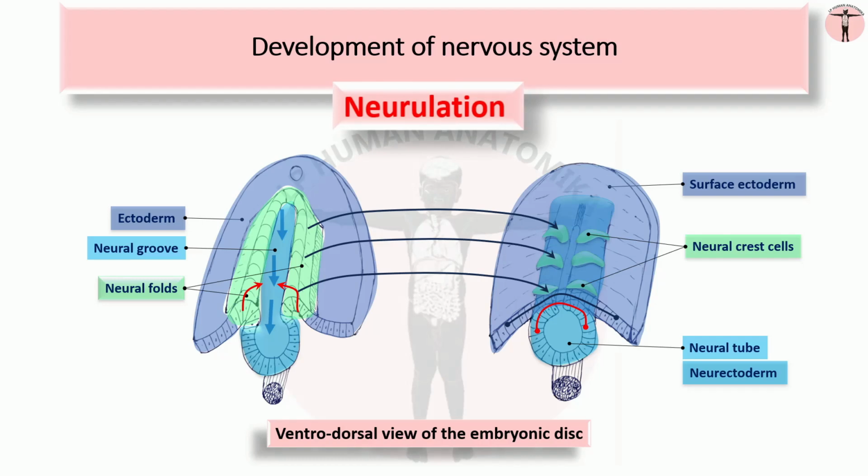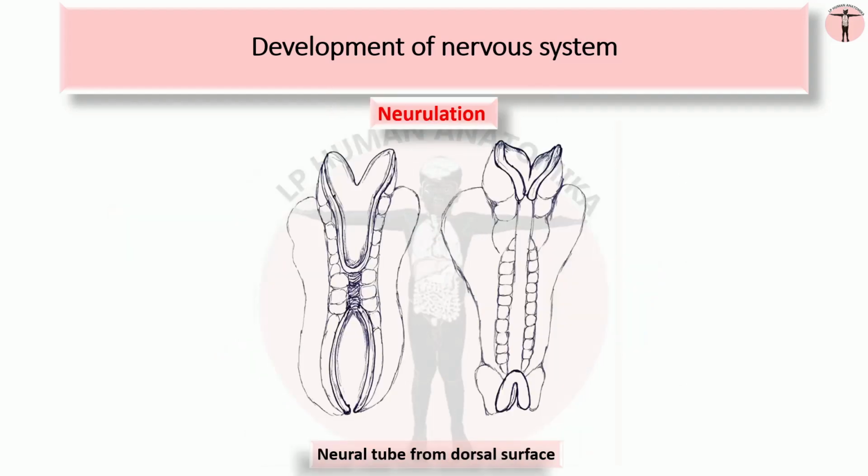Neurectoderm and surface ectoderm, which are formed, now differ in anatomic location and in differentiation potentials. The neural tube starts closing from the cervical region. The neural tube closing extends on either side from the cervical region, cranially and caudally, until only a small area remains open at both the ends.